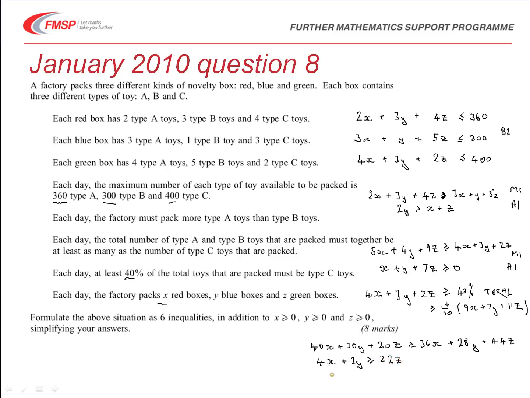If we divide through by 2, that gives us 2x plus y greater than or equal to 11z. So once again, for setting up the initial inequality, that will give you a method mark of 1, and then simplifying it down will give you an accuracy mark of 1.